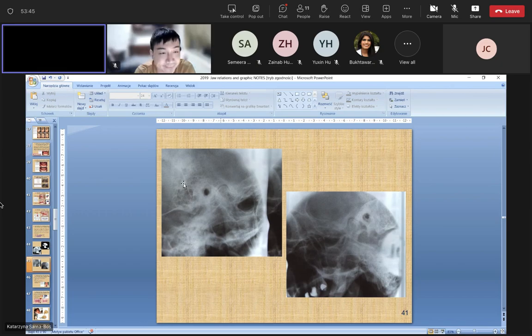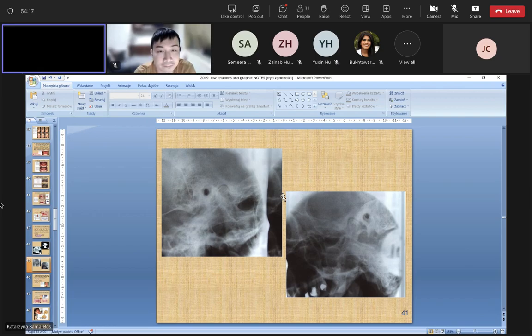This is the head of the mandible and mandibular fossa, and we see that this head is in the central position in the fossa. But of course, when making the jaw relation, it is impossible to make an X-ray or tomographic or CBCT, for example.